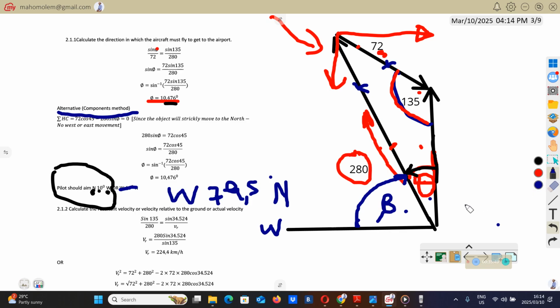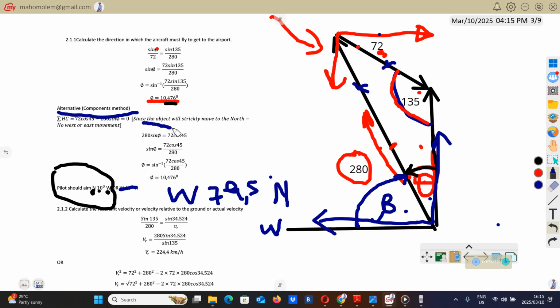And then the aircraft is going to have a component in this direction, and then a component in that direction. You can see that this one and this one are acting in opposite directions, since this aircraft is going to move to the north, so it's not going to move sideways.